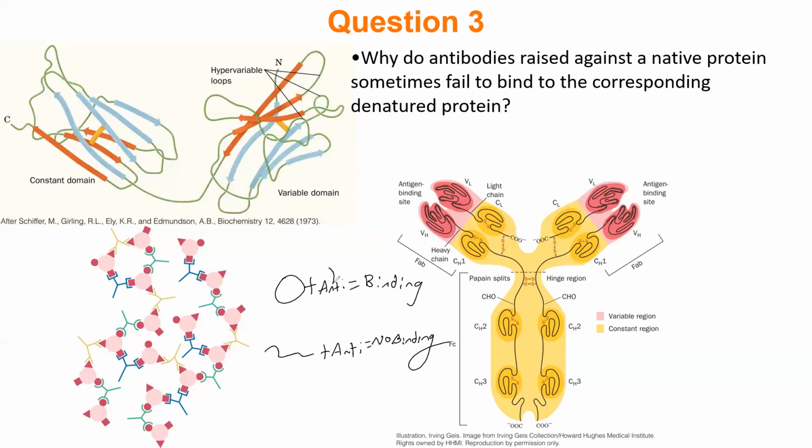Why, if I train my antibody to bind the folded protein, does it sometimes fail to recognize the unfolded protein? Anyone have any ideas about that phenomenon? This is a good review for what we talked about a week or two ago when it came to tertiary structure and protein folding.